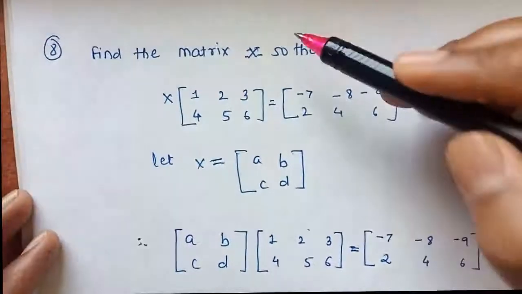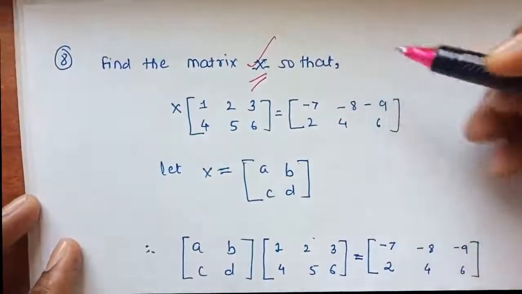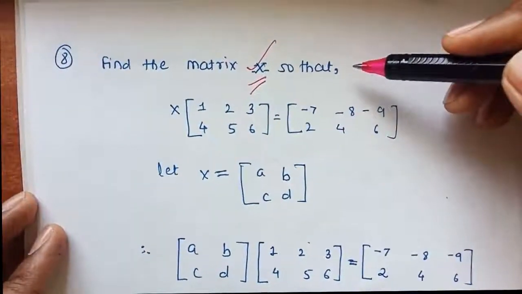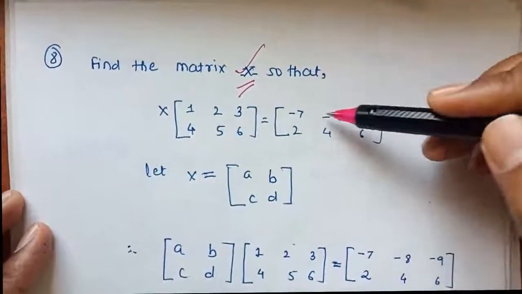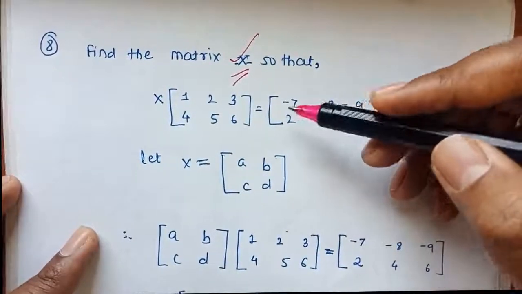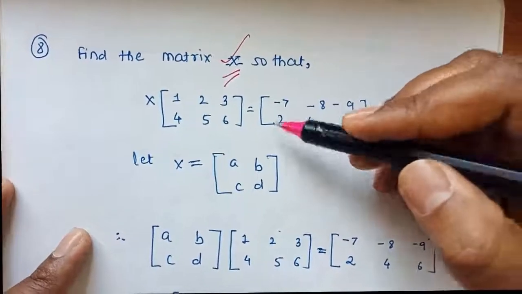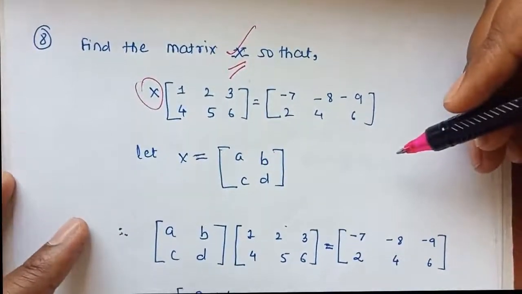Next problem we have is find the matrix X. It is similar to the last problem, and this is the arrangement they have given. X matrix of 1 2 3 4 5 6 minus 7 minus 8 minus 9 2 4 6. Now the important part is how to understand the order of this matrix.